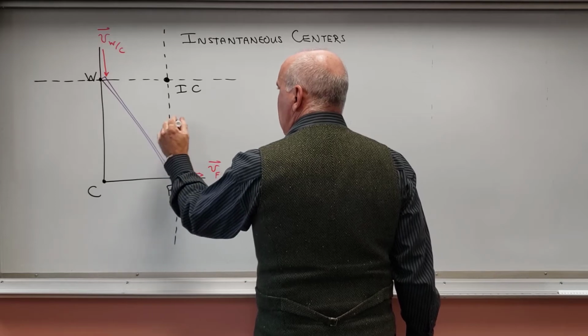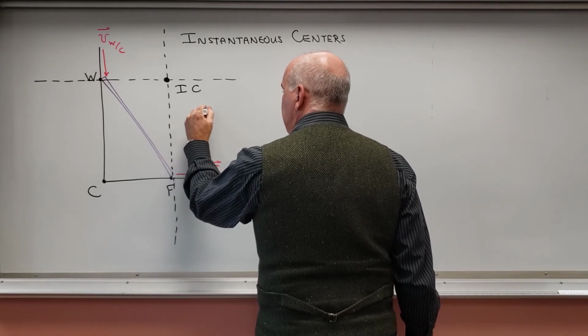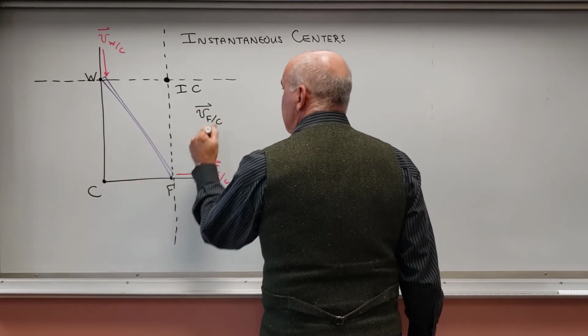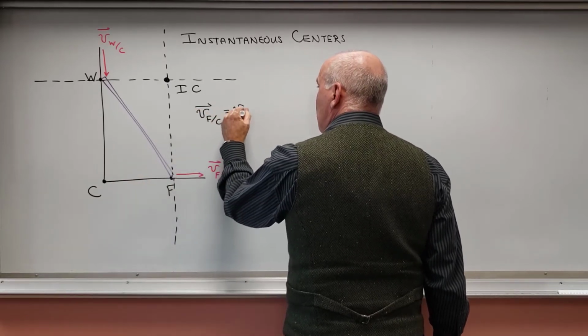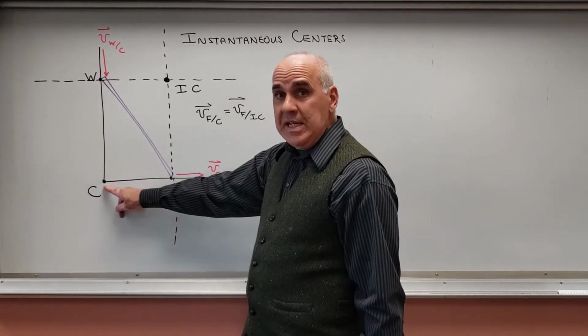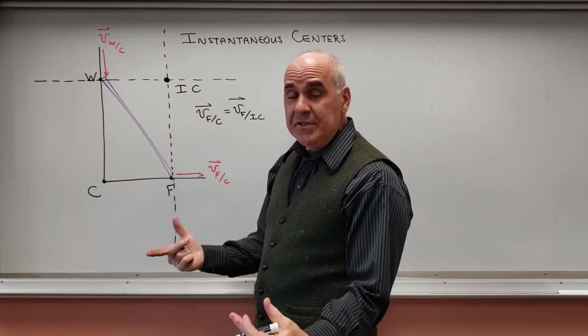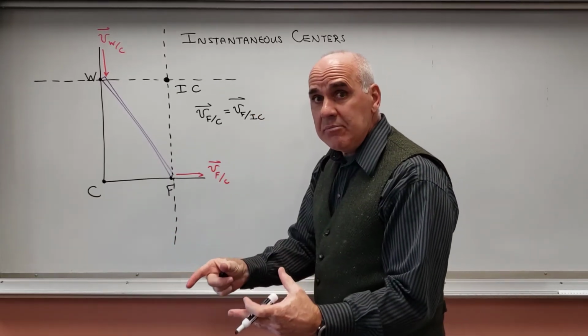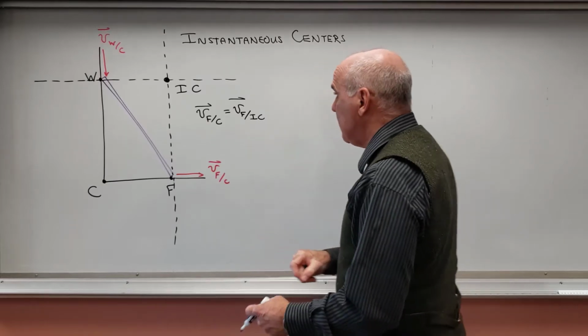And so I can say then that the velocity of the floor with respect to C is going to equal the velocity of the floor with respect to the instantaneous center, because the corner is stationary, but so is the instantaneous center. By definition, it's stationary. Okay? At this instant in time. Very important. At this instant in time.